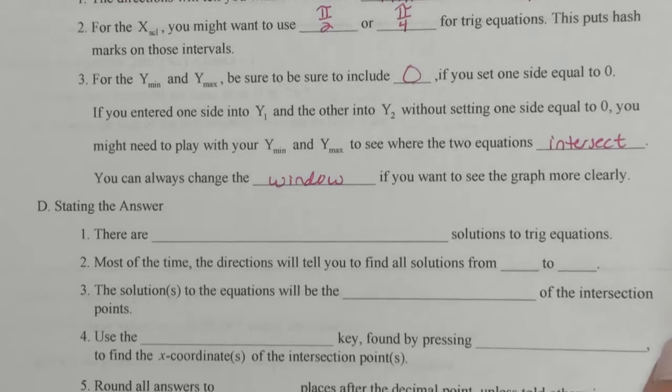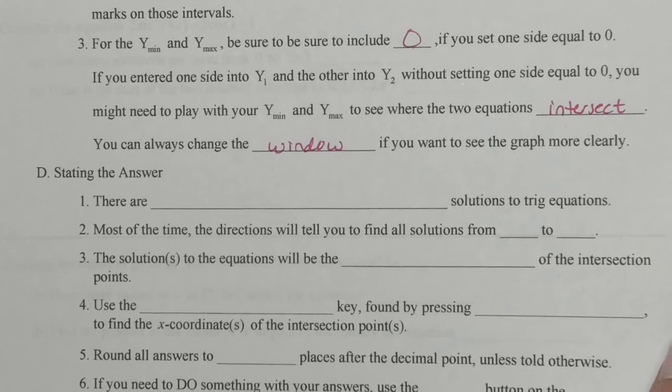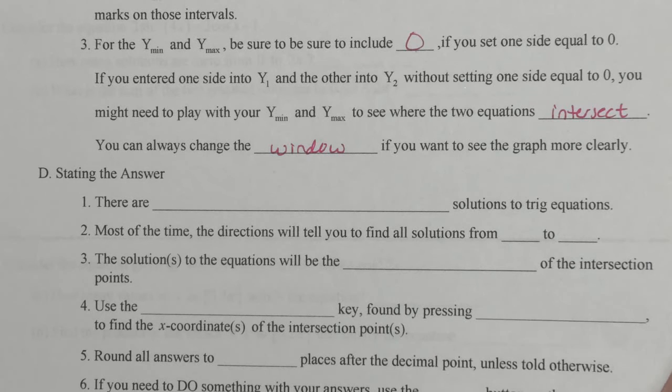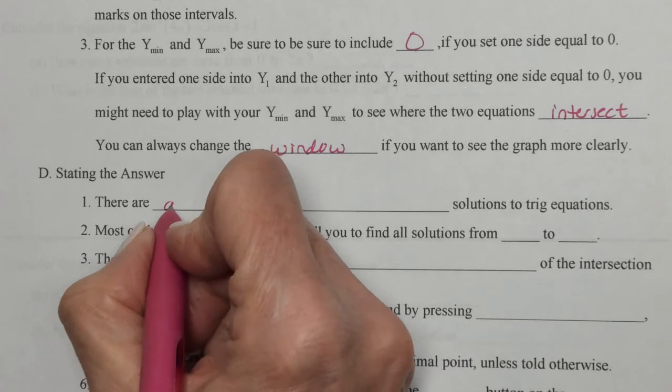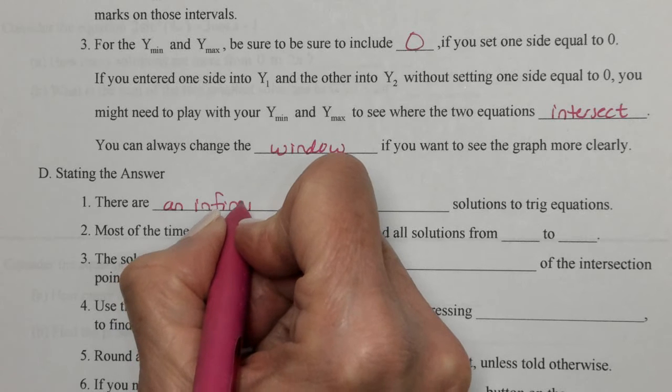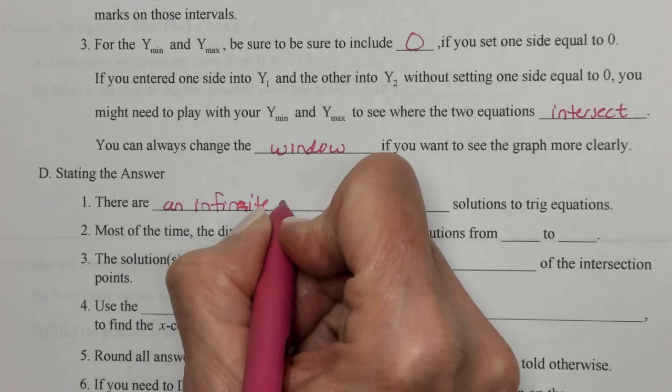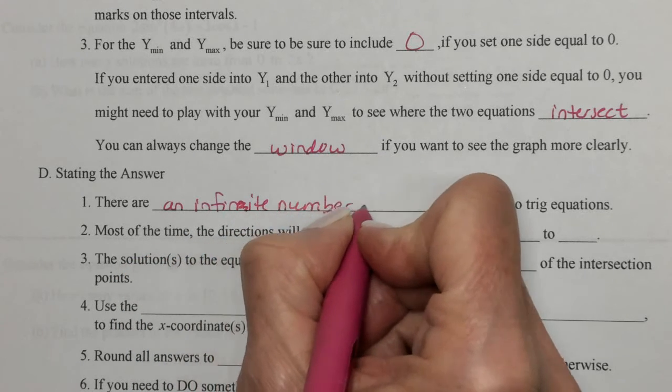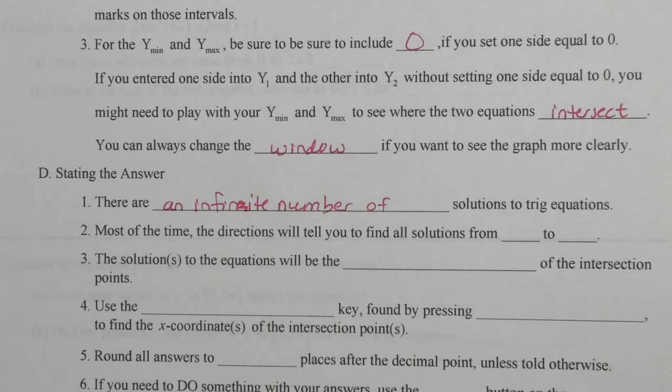Okay, all right, next up, how to state your answers. First of all, know that when you're solving a trig equation, there are an infinite number of solutions to every trig equation.